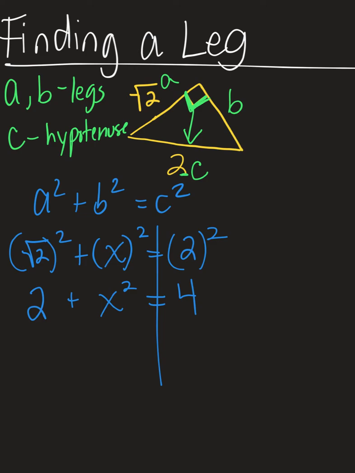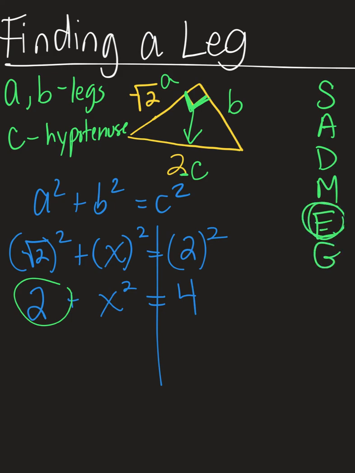Unlike the last time, here I have to do two steps to solve this equation, not just the square root. So I do need to eliminate this 2 before I can take the square root, because we have our inverse order of operations, where I do exponents close to last, and I'll definitely get rid of addition and subtraction first.